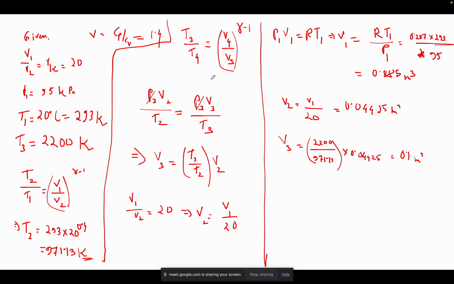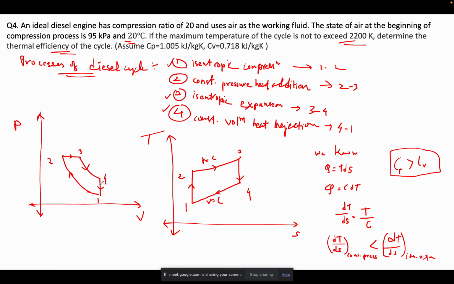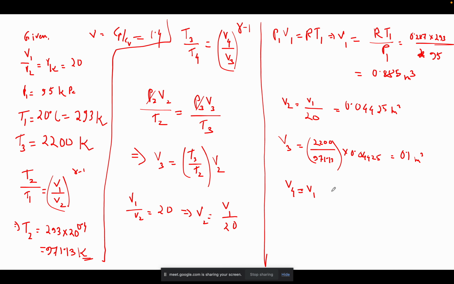Now in order to know the temperature T4, we also should know V4. And what is V4? It is nothing but V1, because the process 4 to 1 is a constant volume process. We have already calculated V1, which is 0.885 meter cube. So from here we can calculate T4, which is T3 divided by V4 by V3 to the power gamma minus 1.